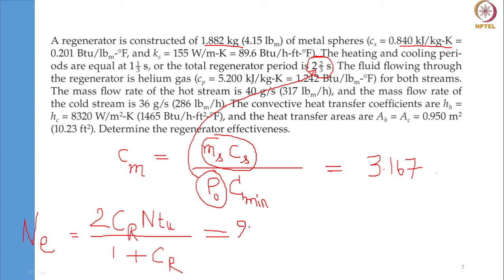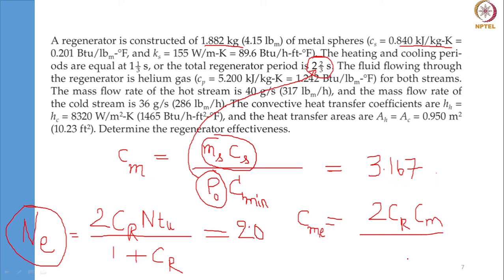Okay. So we have 1 point with us, that is NTU. Next we are going to find out the effective matrix heat capacity ratio, ME. That is defined as 2 times CR into CM divided by 1 plus CR. CM we already know.